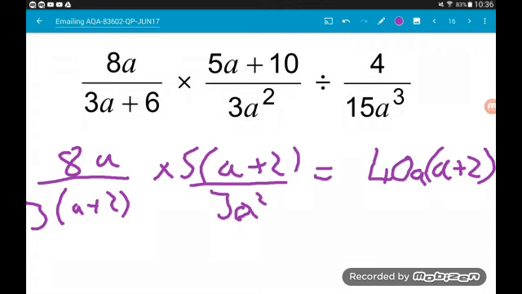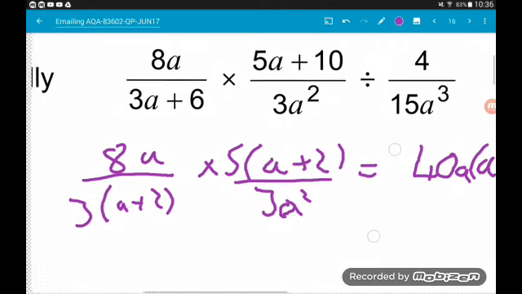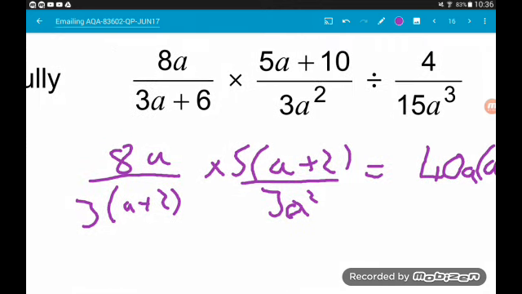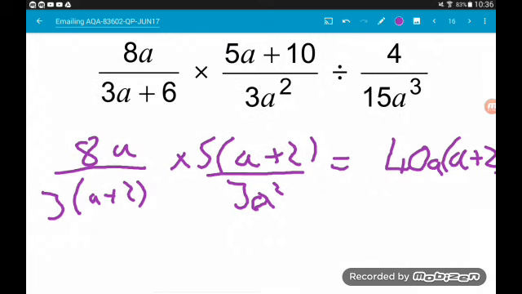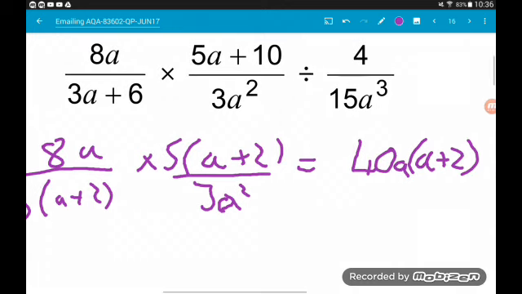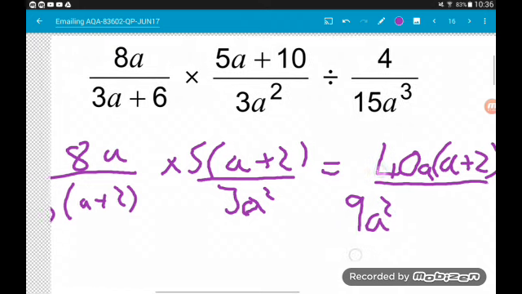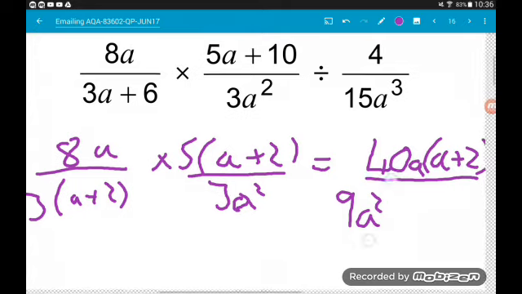And then that's all over 3 lots of a plus 2 times a squared, which is going to give us 9a squared lots of a plus 2.